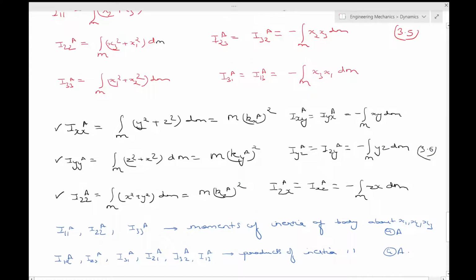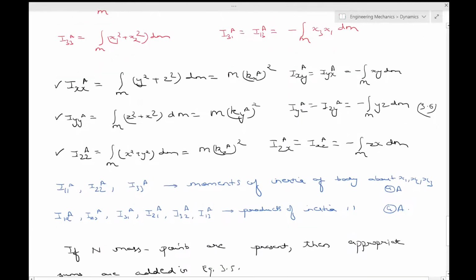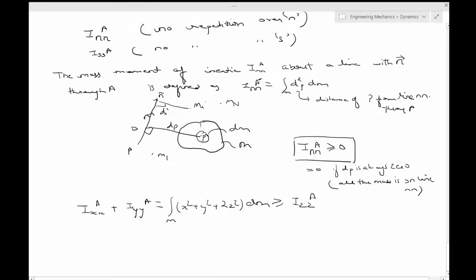It is only x square plus y square. So 2 times z square will only make this larger, and that's why Ixx of A plus Iyy of A is greater than or equal to Izz of A. Only it will be 0 in a case in which this z square dm is always integrating to 0. Okay, that would be equality holds.